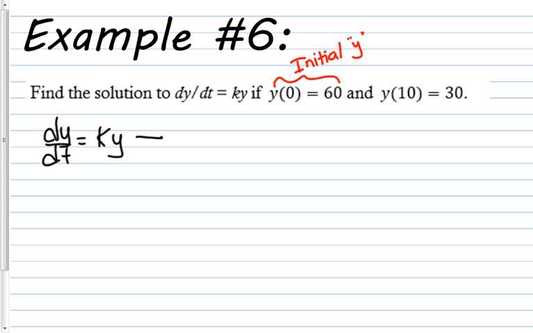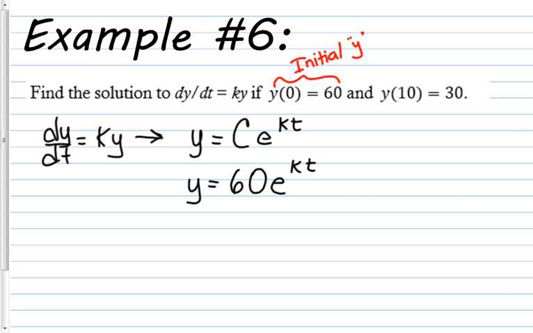So that is your cue to be like, okay, y equals c times e to the kt power. My initial value for y is 60, so I have 60 e to the kt power.